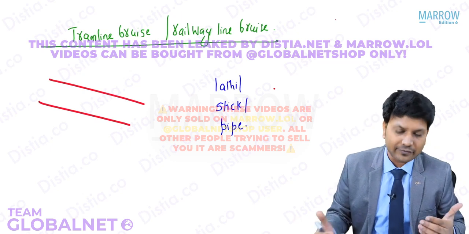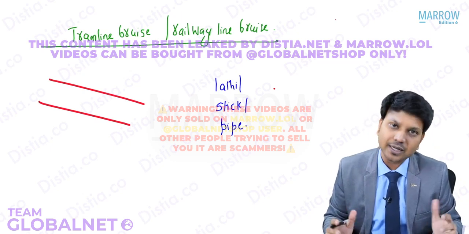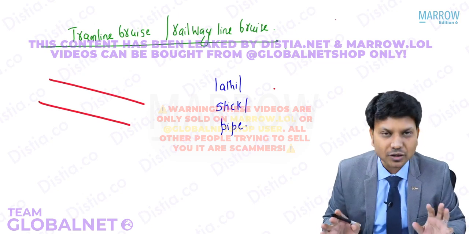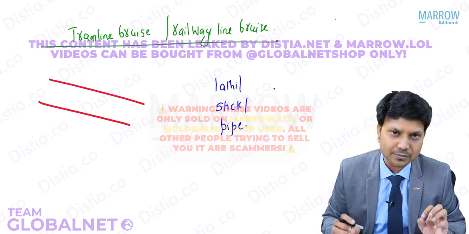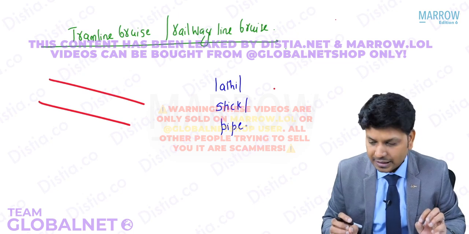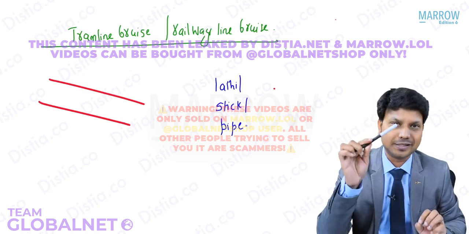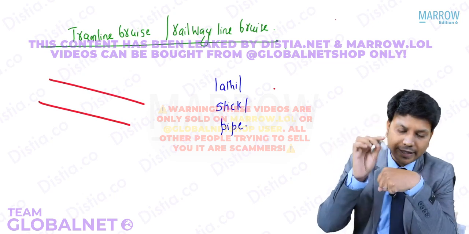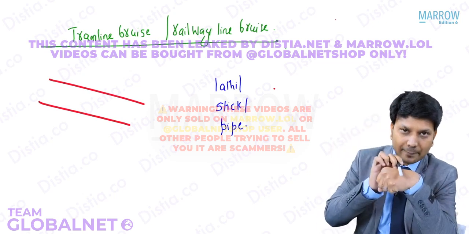As I told you, when you see these two lines, that doesn't mean that the person was hit by two different weapons. It's not so. I'll show you the mechanism. Let us assume that this is your stick. You hit on the skin.